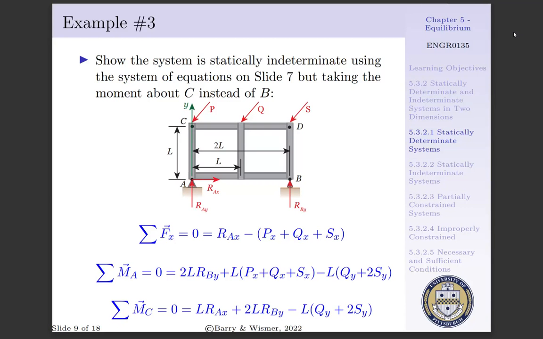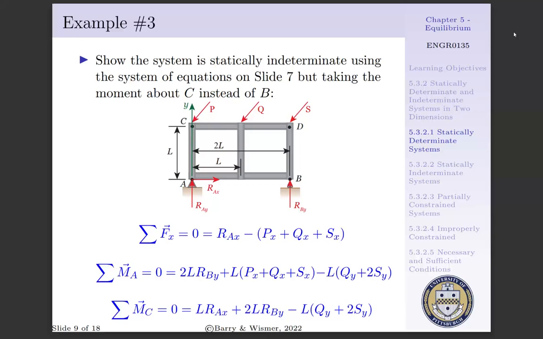If we substitute our expression for Rax into our summation of moments about point C, we would see we have the identical equation to our summation of moments about point A. That is, we'd have L times the quantity Px plus Qx plus Sx plus 2L RBY minus L times the quantity Qy plus 2Sy is equal to 0. That is, we have two equations that are the same.